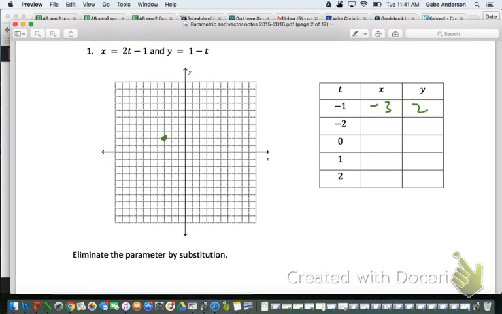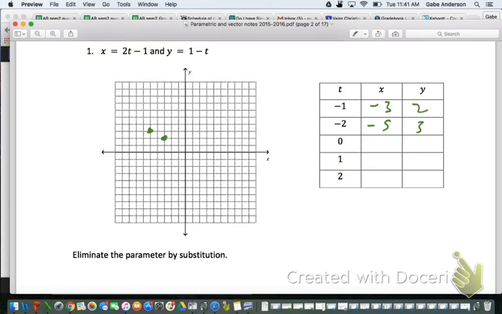Okay, so let's do our first point now. If I plug in a negative 2 for t, what is my x and my y? Negative 5 and 3, right? Okay, so negative 5 and 3, so 1, 2, and 3 is right there.